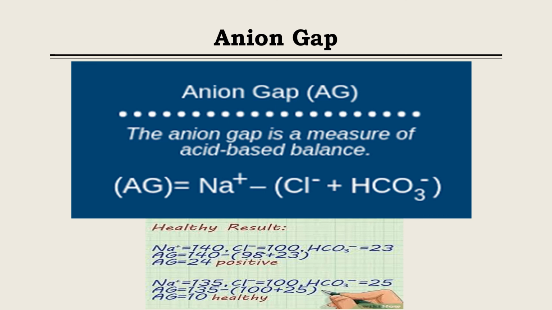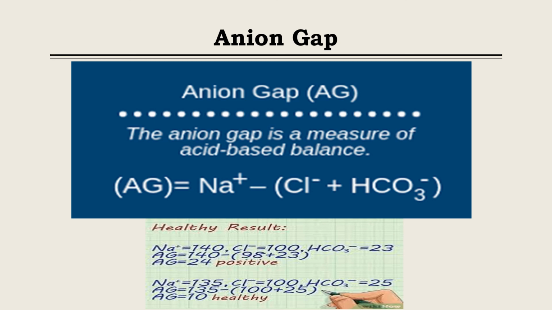When we have metabolic acidosis, you should calculate what is called the anion gap. Anion gap equals sodium minus chloride plus bicarb. And this equation equals 12 plus or minus 4, or 10 plus or minus 2.